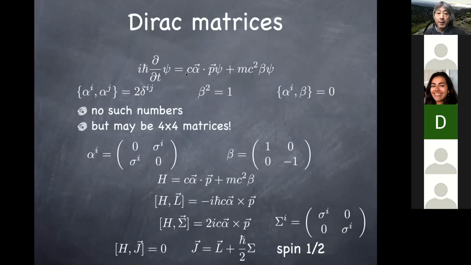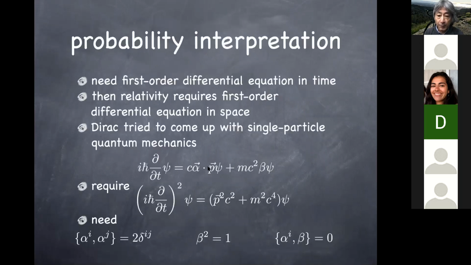Then he wanted to come up with an equation that is first order in time derivative because he wanted to maintain the probability interpretation, which required that the equation also has to be first order in spatial derivative to treat space and time on equal footing. So this P was meant to be a derivative operator.